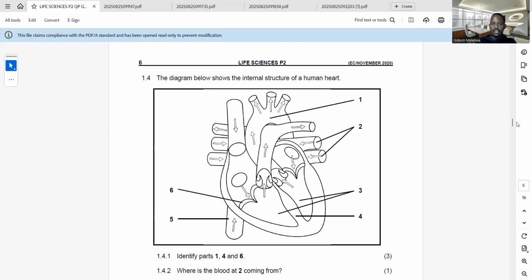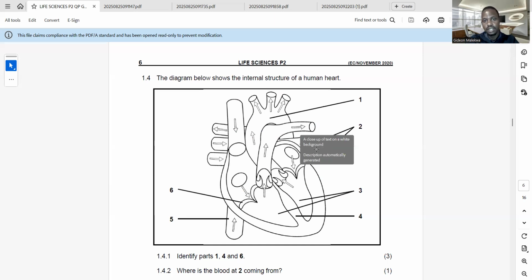So looking at the vessel marked 2 and the one that is on top, there's one on top taking blood away from the heart, and then there are vessels bringing blood back to the heart. The one that is taking the blood away from the heart is the pulmonary artery.